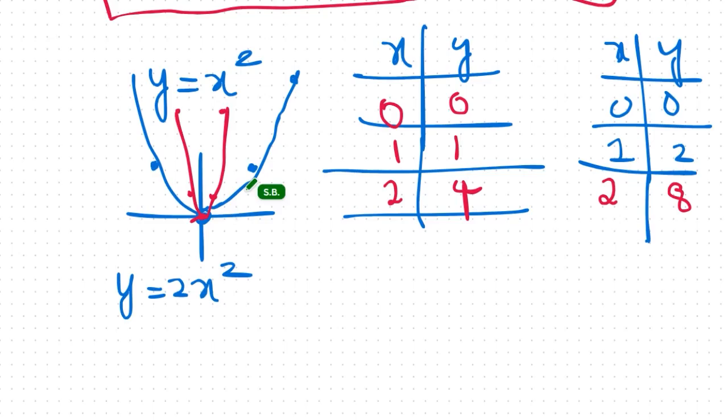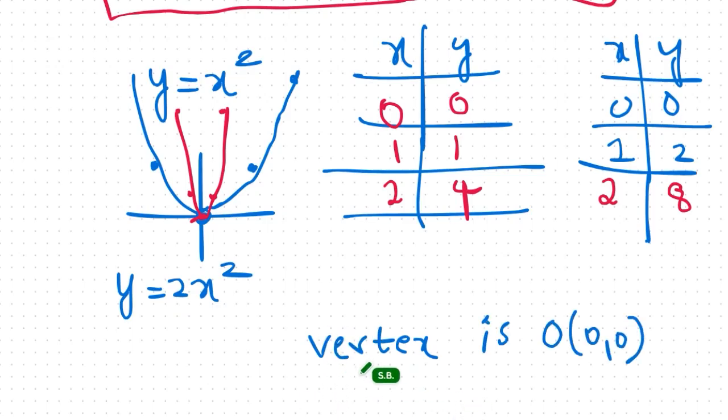So even if you say 3x square, 4x square, what do they all have in common? They are all passing through the origin, right? So the vertex is at the origin.